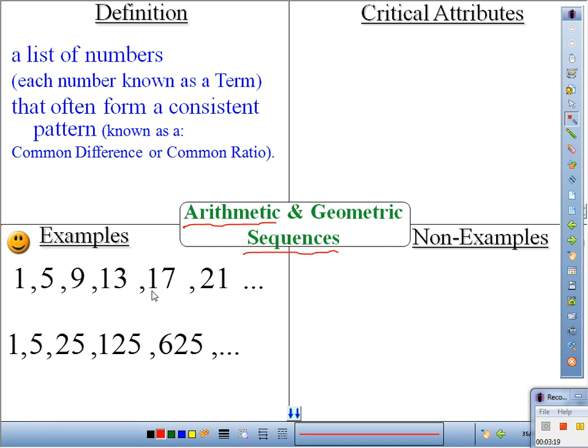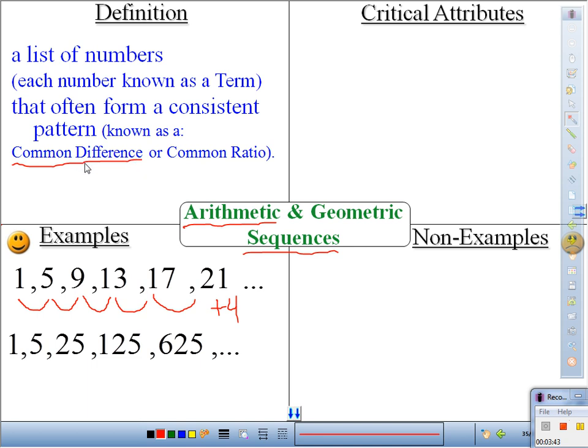Did I have a list of numbers here? Yes. The second thing is that it has a consistent pattern. Does it have a consistent pattern from here to here, from here to here? Yes, it's adding 4. That consistent pattern for arithmetic sequences is known as the common difference.